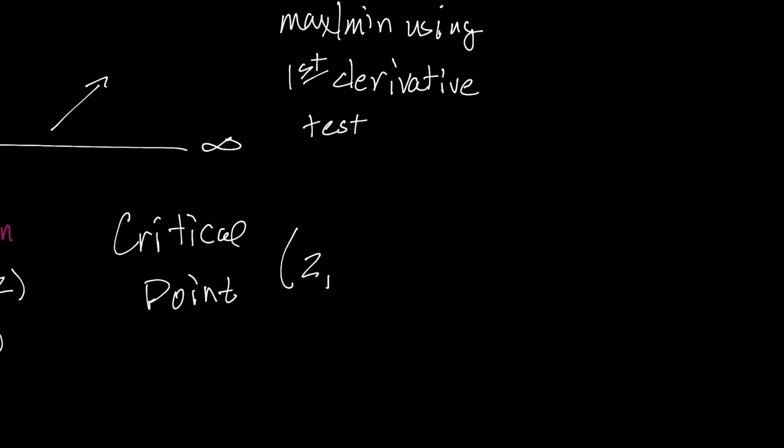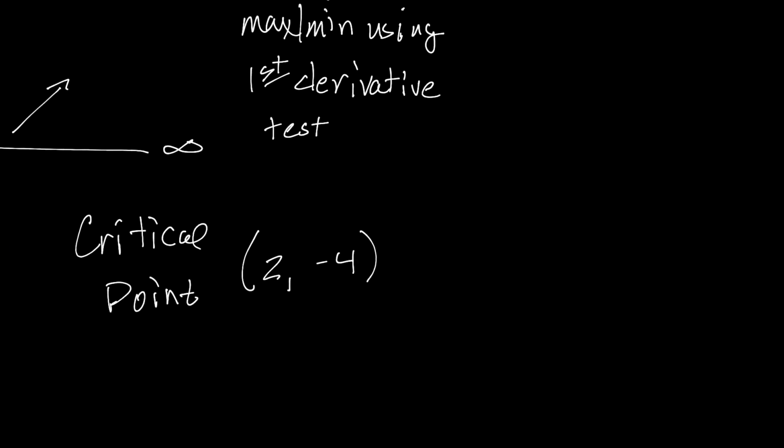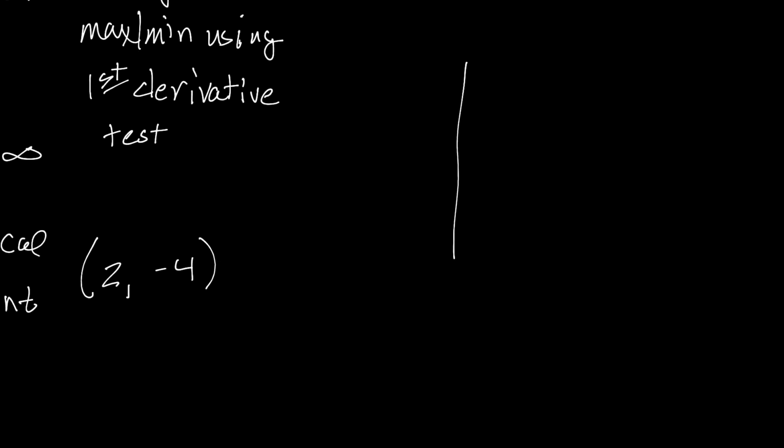Let's go back down here. Negative 4. If I were to graph this function, I know there's a point right 2 and down 4, which is my relative max, or relative min, sorry.